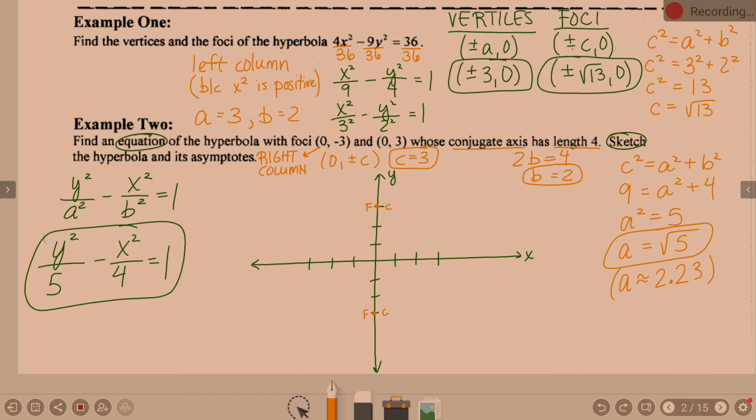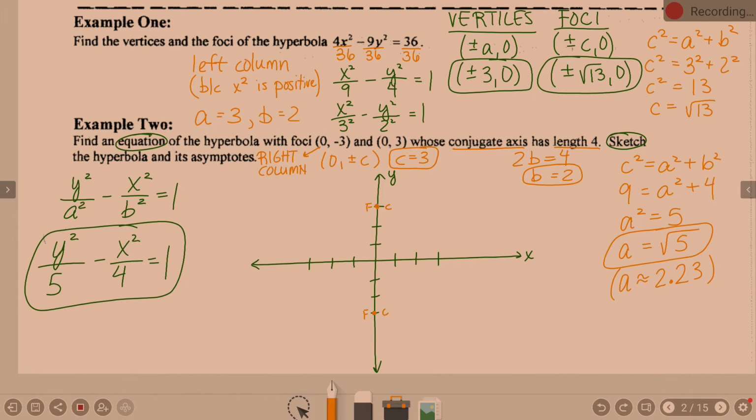Now, where do we find our vertices at? They're at A, and A is the square root of 5. This is why I said we need to know 2.23, that fun 2.23. Okay, so now, which axis are we doing this on? The same axis where your foci are.